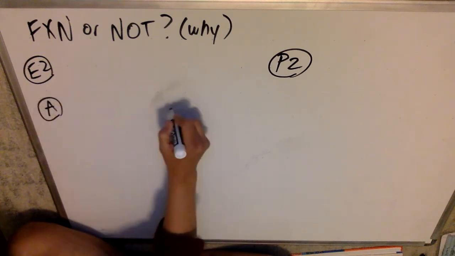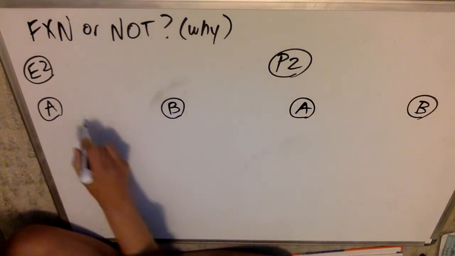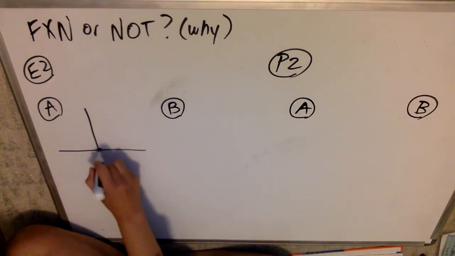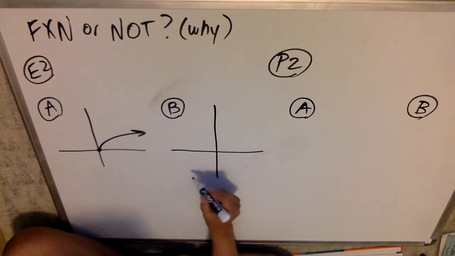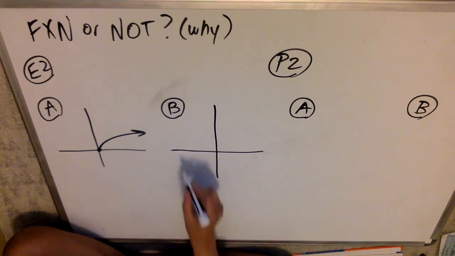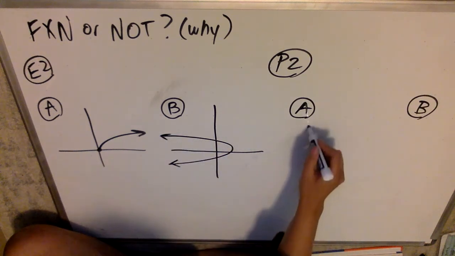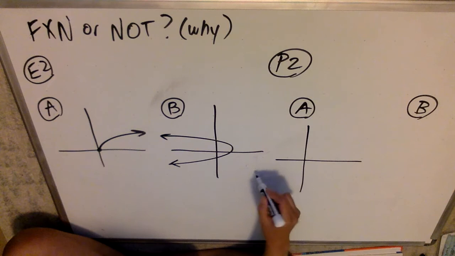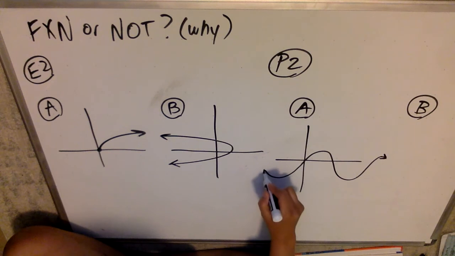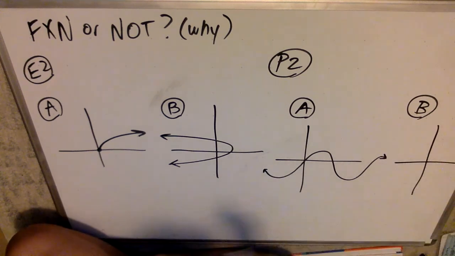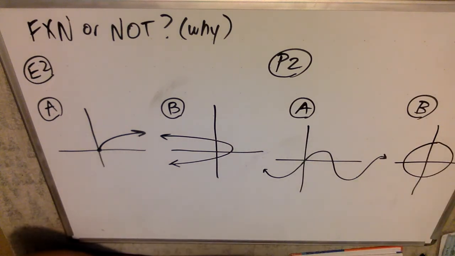So A and B and A and B. All right, so I'm going to draw this, and this, and this, and this. Cool. Okay, function or not, and why.